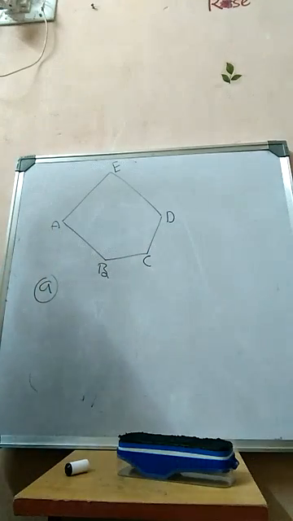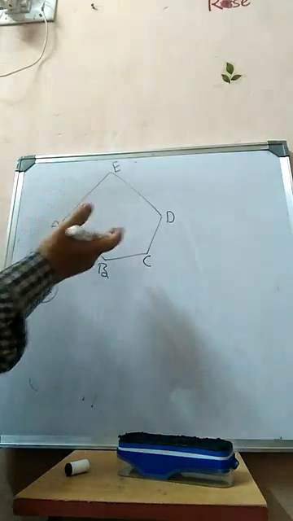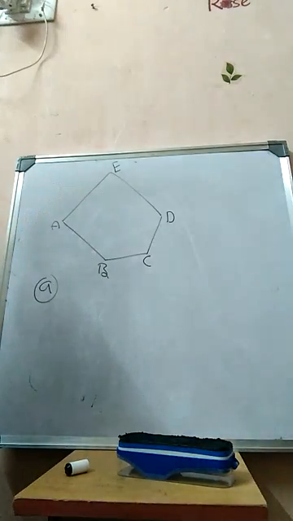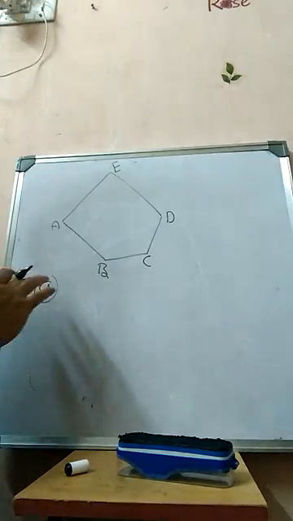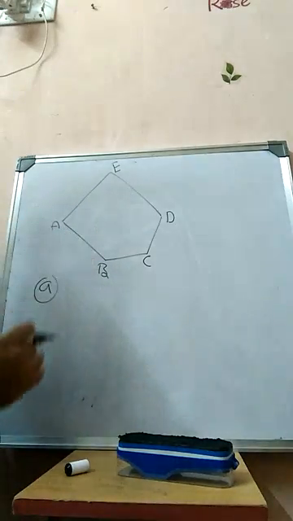First, listen to the problem. Look at the figure given below. The two questions are, write all pairs of adjacent sides, and the second question is, write all pairs of adjacent vertices.